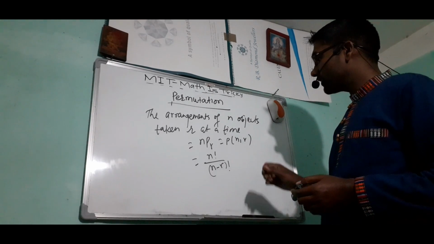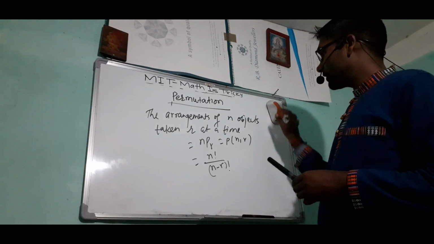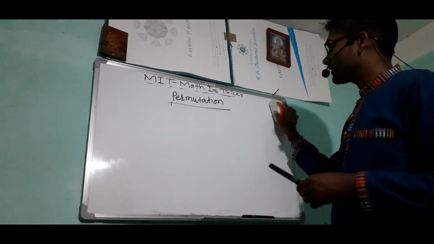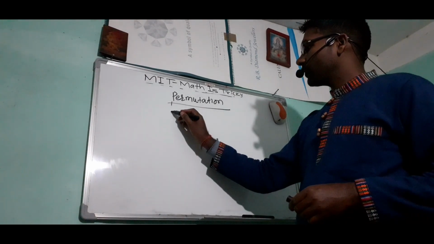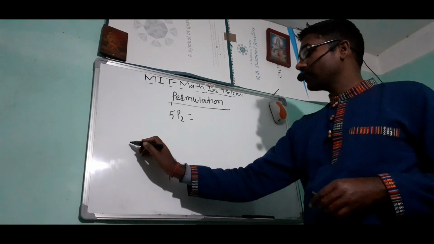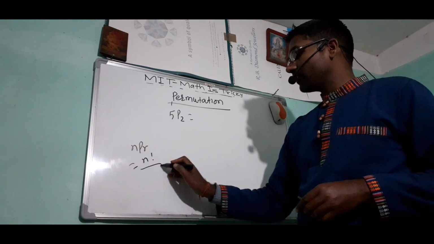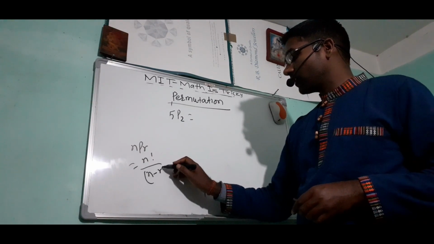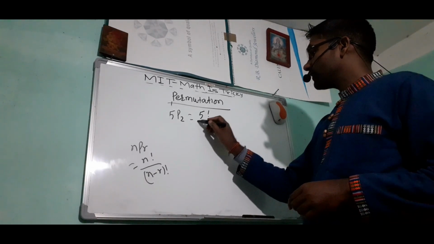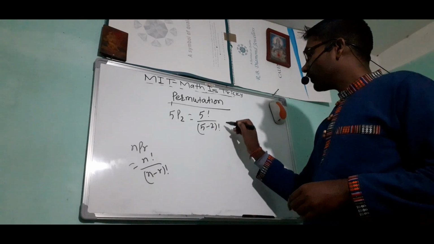Now I'm going to explain how we solve problems regarding permutation. This is the symbol, and this is its meaning. Let me explain by taking one example. Suppose you are going to simplify 5P2. By the formula nPr, which is n factorial by (n minus r) factorial, it is 5 factorial by (5 minus 2) factorial.